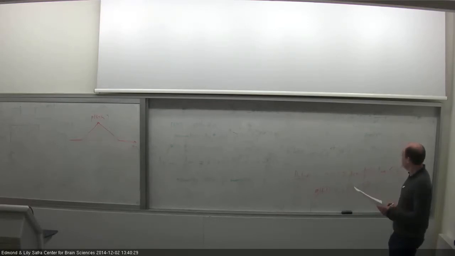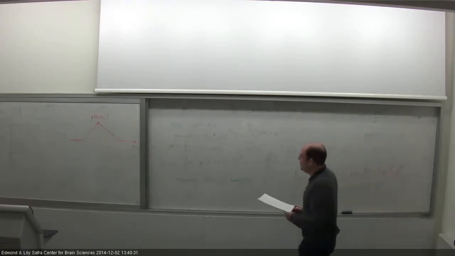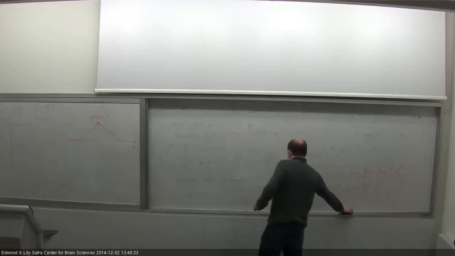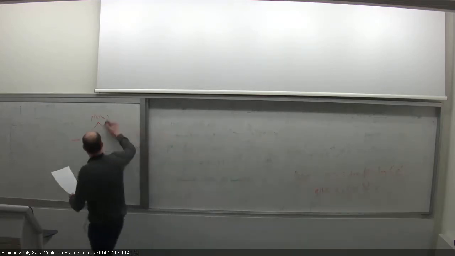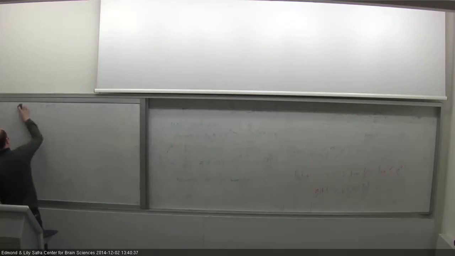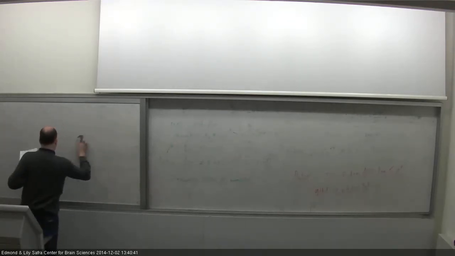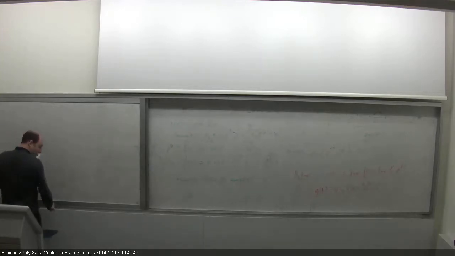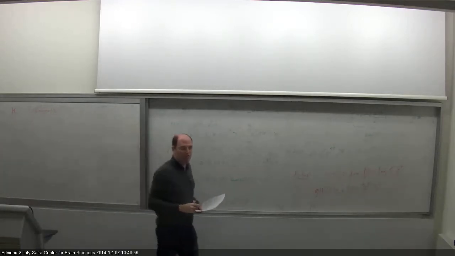And I'm out of space here, so continue here. Okay, so the kappa i are called, this is a name, it's a definition, the cumulants of the probability distribution.